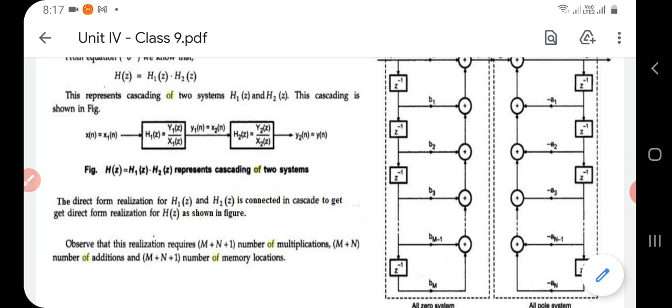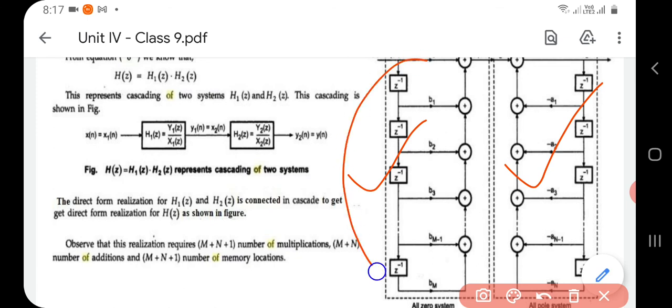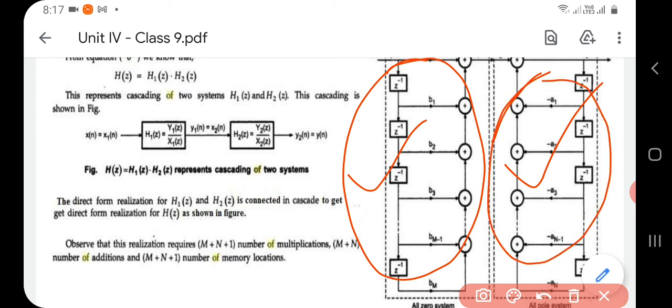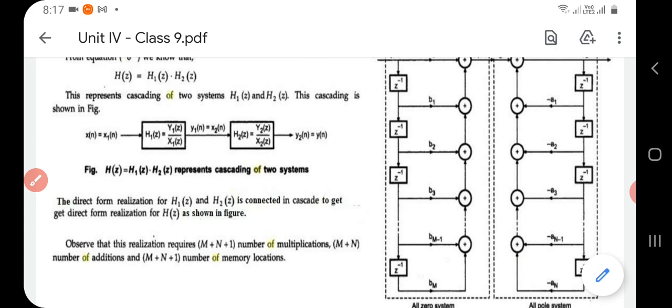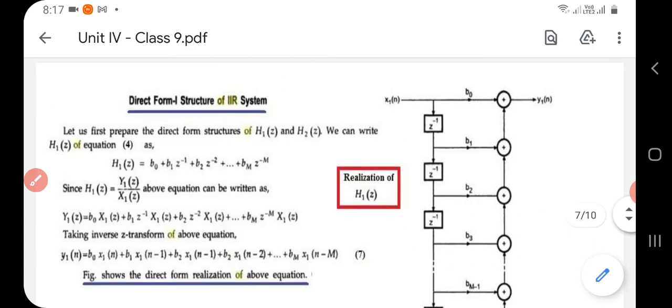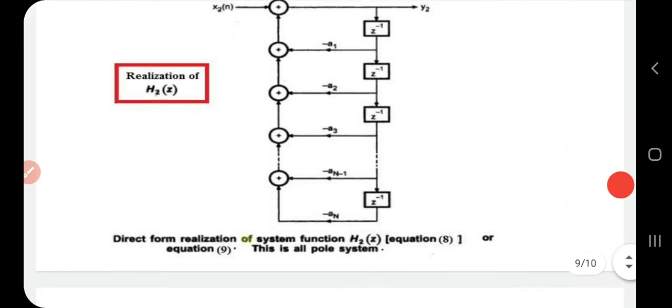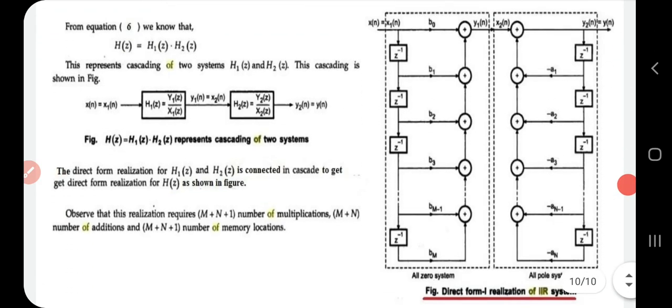Direct form 1 realization is obtained by cascading the realization of H1(z) and the realization of H2(z). Each of these figures we have drawn individually. This is the realization of H1(z), and this figure is the realization of H2(z). These two figures are just connected together to get the overall direct form 1 realization.